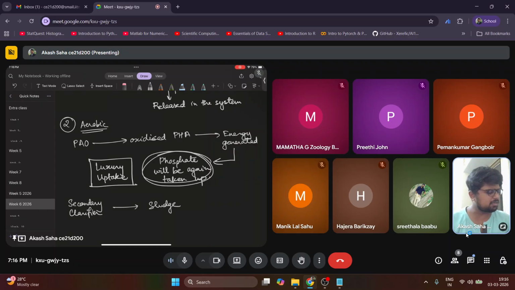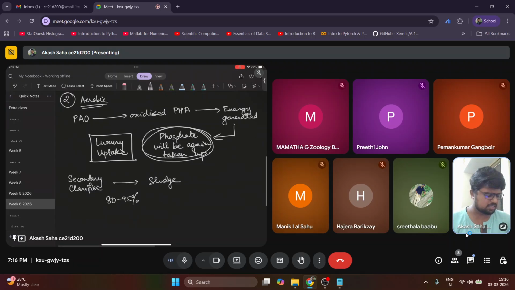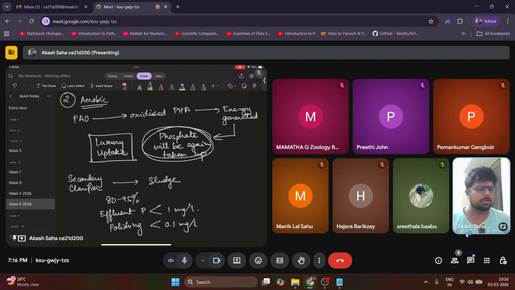Mostly 80 to 95% efficiency is there, and effluent phosphate of less than 1 milligram per liter is possible. If there is some polishing at the end, with some more uptake, less than 0.1 milligram per liter is also possible. So this is highly effective but time taking.